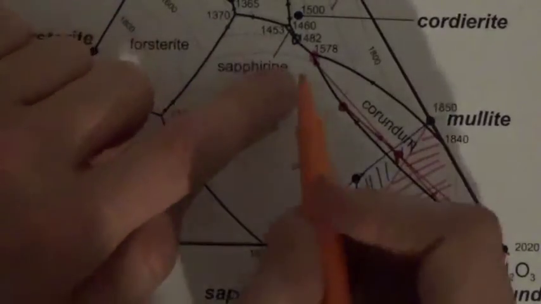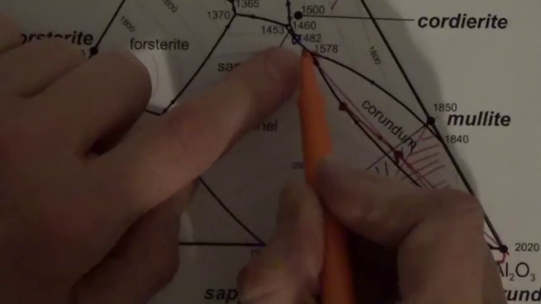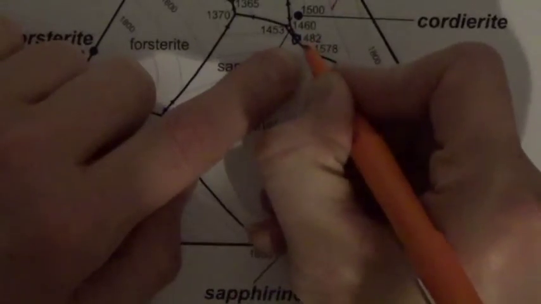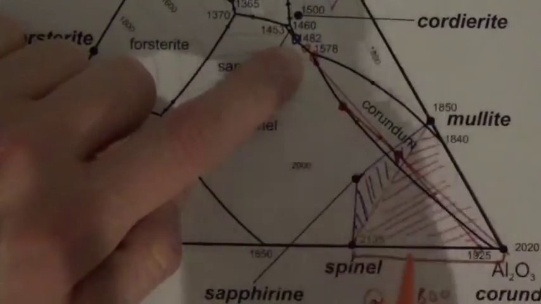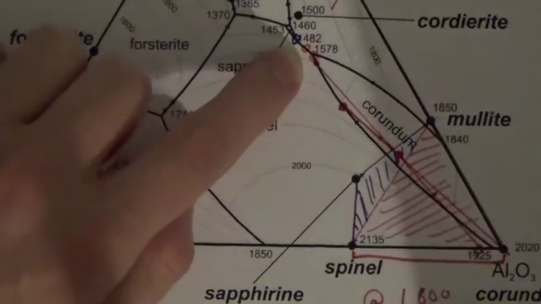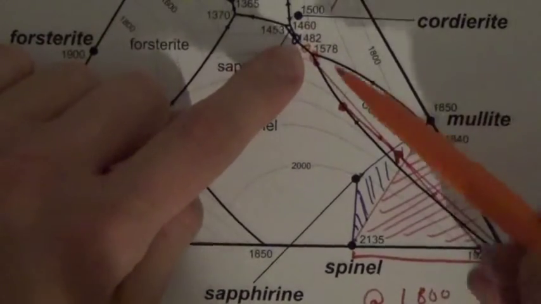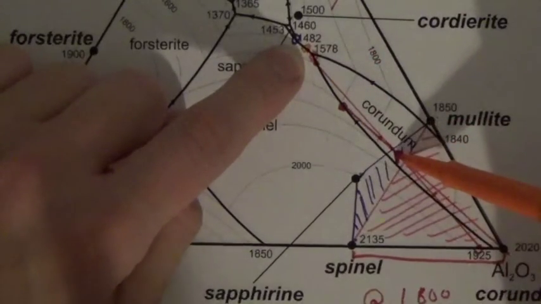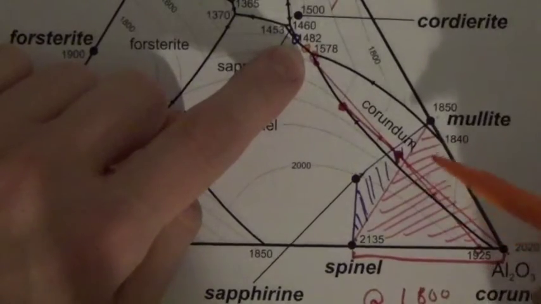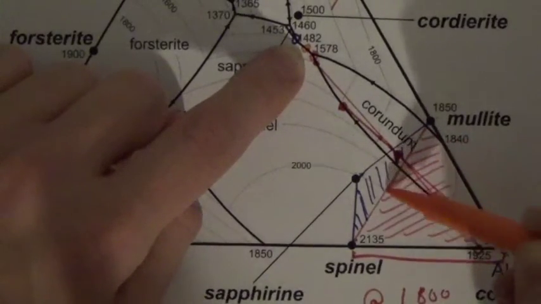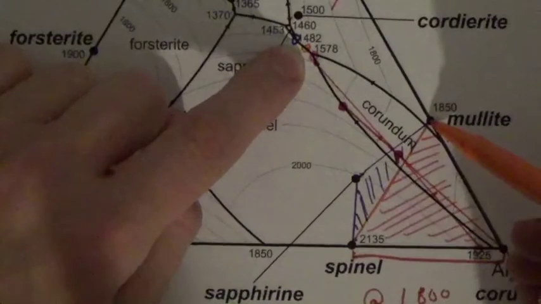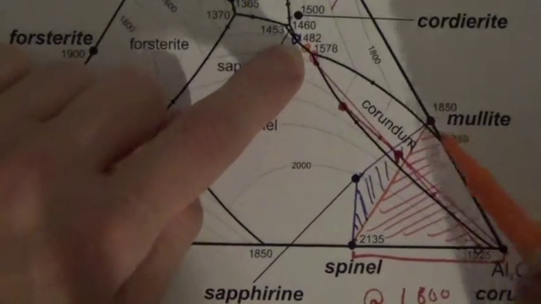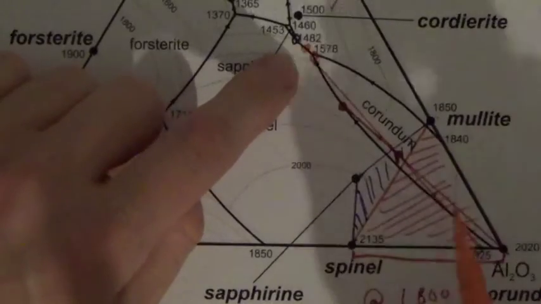So let's say we stop at around 1500, which is going to be that point in the middle. Well, now we still use this as one end of our tie line. We still pivot around our composition, but now we draw our line to the spinel mullite corner of the compositional triangle, and we're working with this compositional triangle here.